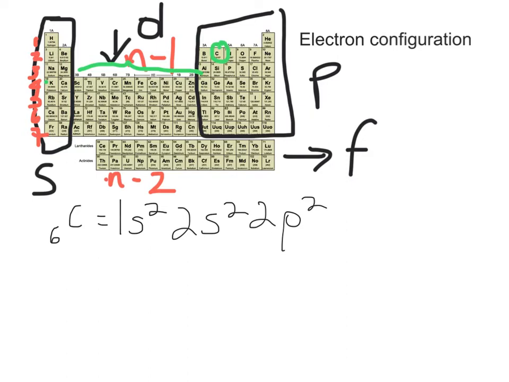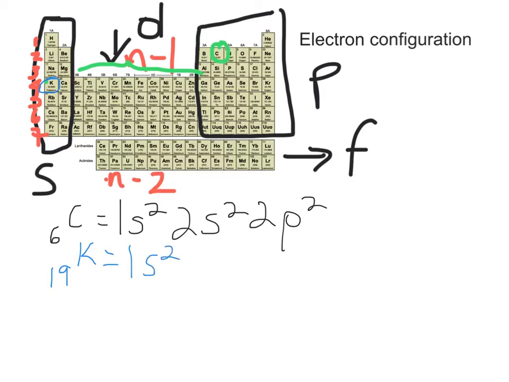Let's do another one together. What about potassium in here? Potassium has 19 electrons because the atomic number is 19. So let's begin again. Let's name the first row: 1s2.